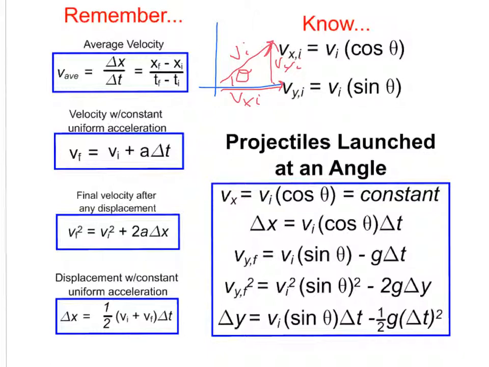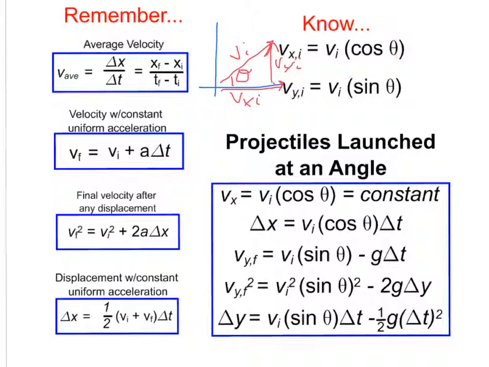But if you'll remember, the cosine of theta is the adjacent, which is vxi, over the hypotenuse, which is the vi. This is the right angle right there. Likewise, sine of theta is going to be equal to vyi, because it's the opposite over the hypotenuse.